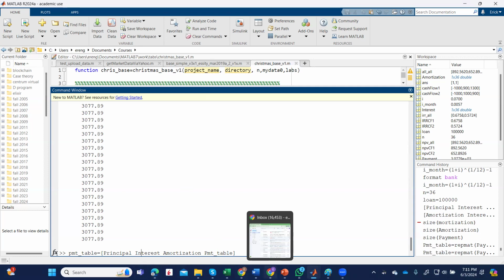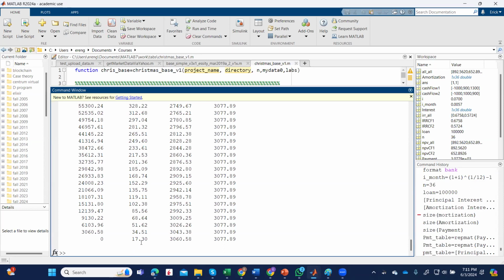Yeah, we transpose, do you agree? So we simply transpose principal. Sorry, I delete my L. Transpose, and transpose. And then it should run.